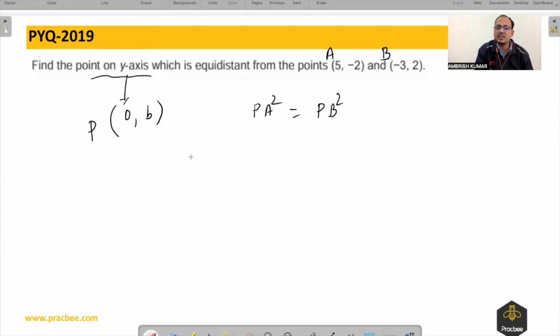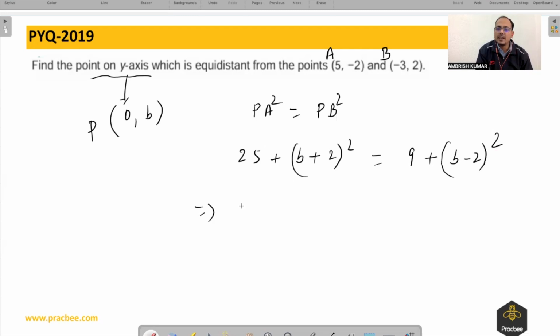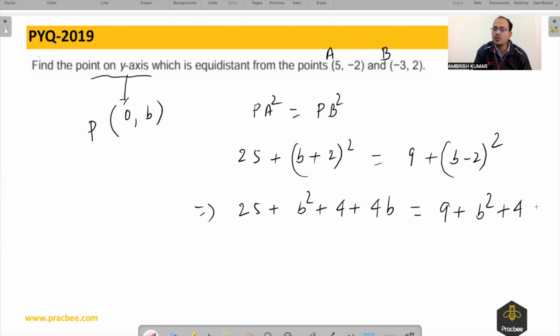Now just apply the distance formula. 0 minus negative 5 means 5 square 25, plus B plus 2 whole square. And then 0 minus negative 3, 3 square, 9, plus B minus 2 whole square.